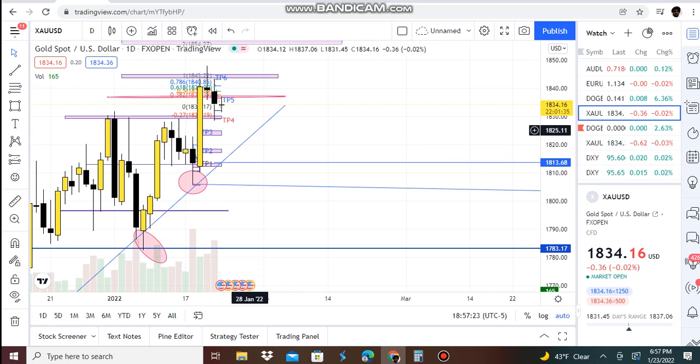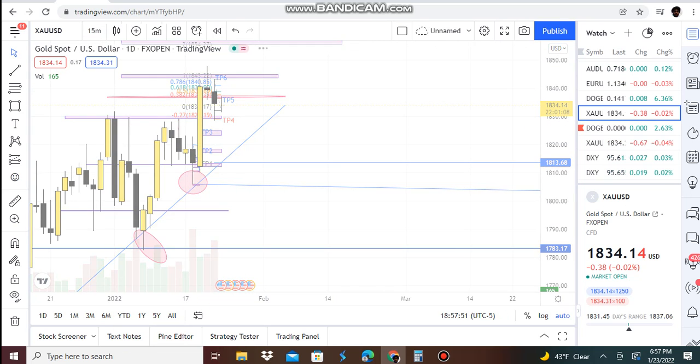If we see price break this trend line, then yeah, we're going back down here. 1783 is the lowest price that price has been at this month. We'll see if it breaks this trend line, but most likely it'll bounce off this trend line and then head back up like it did right here. Bounce off the trend line, head back up. I'll keep it updated again.